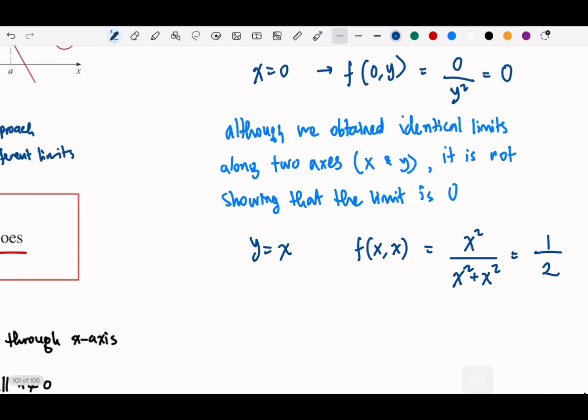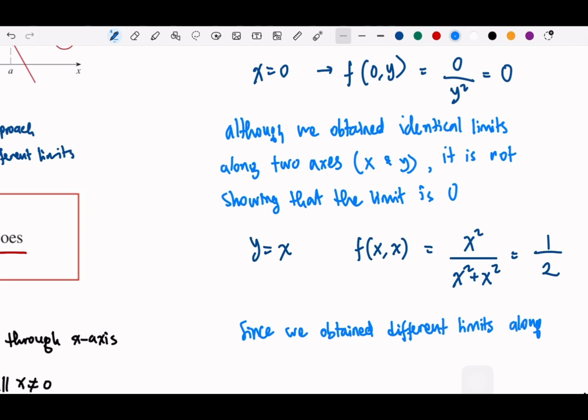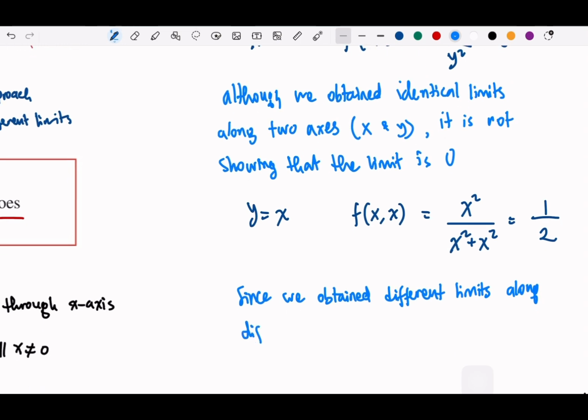And since we obtain different limits along different paths, the limit doesn't exist.